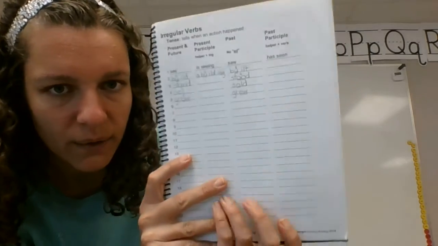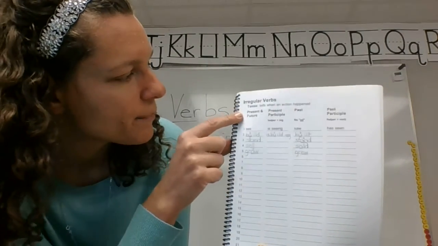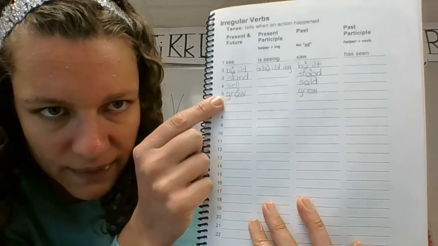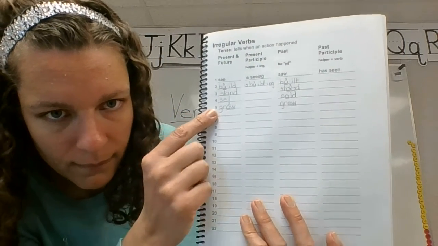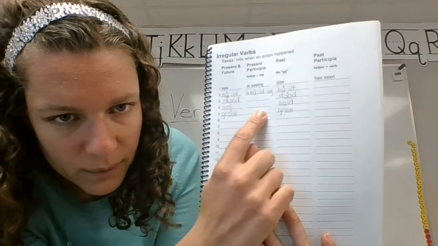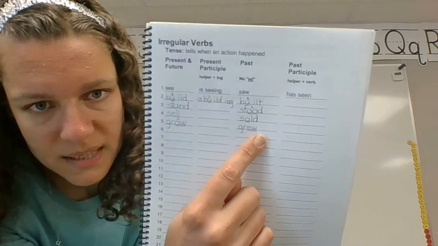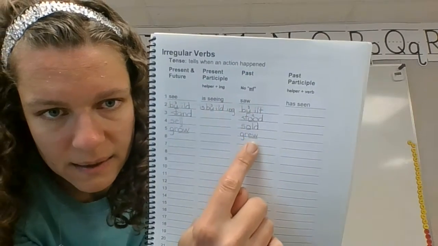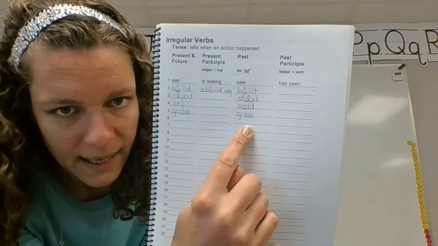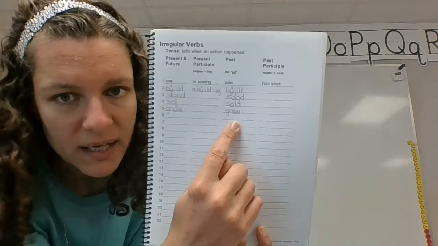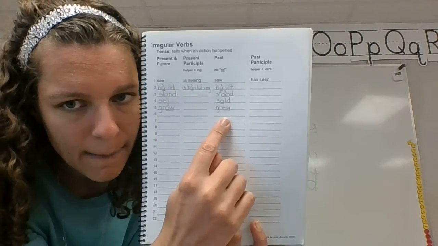If you don't have it written yet, the present and future tense is lay, so that would go on this line. And then on the same line, we'll go over here to the third column. See, the third column is past. And we'll write laid right there. After you write it, make sure you mark it.